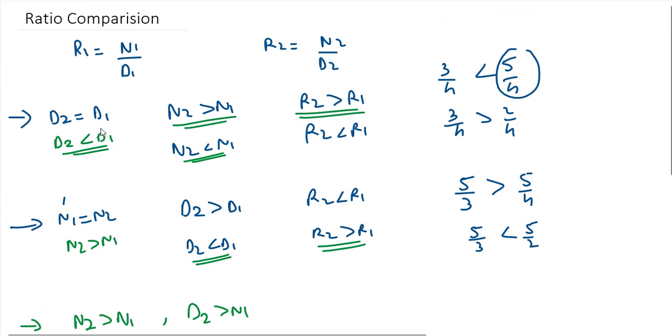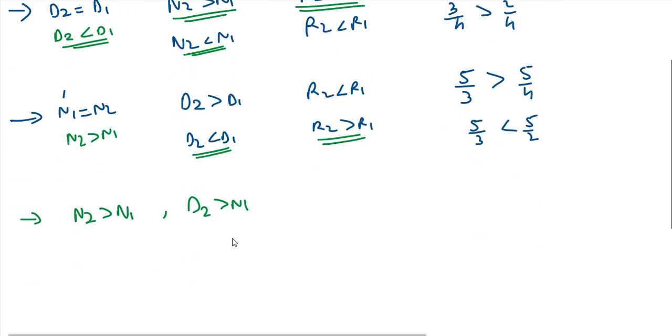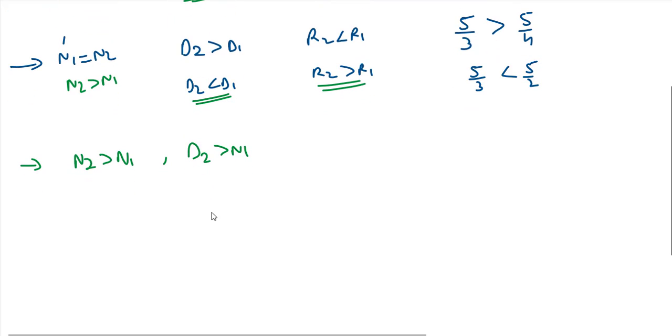In case 1 and case 2, and even in the cases where your numerator and denominator are increasing or decreasing in the opposite direction, we could directly say which ratio is bigger and which ratio is lesser. But in cases where the numerator and denominator are increasing or decreasing in the same direction, we'll have to make some calculation. Let us consider this example.